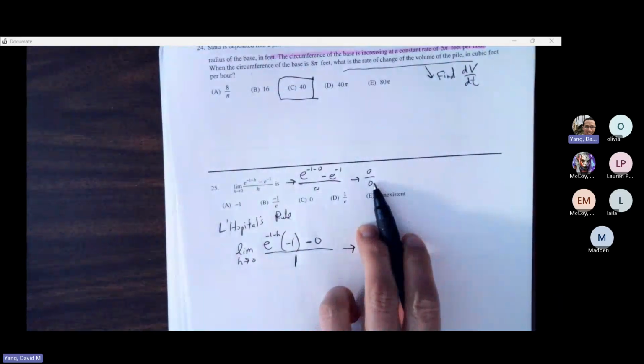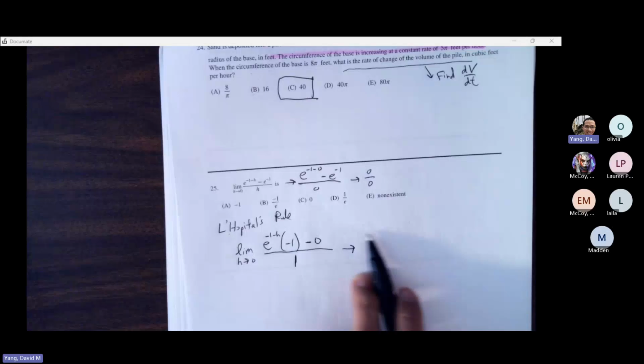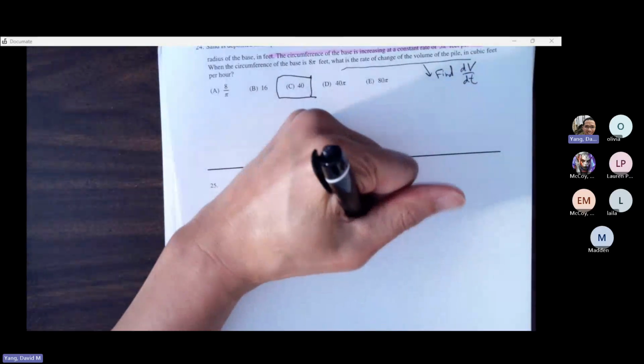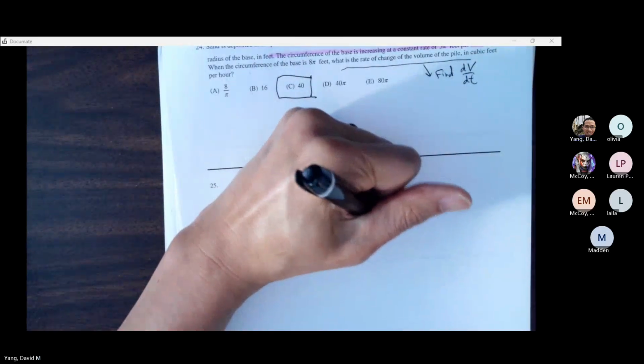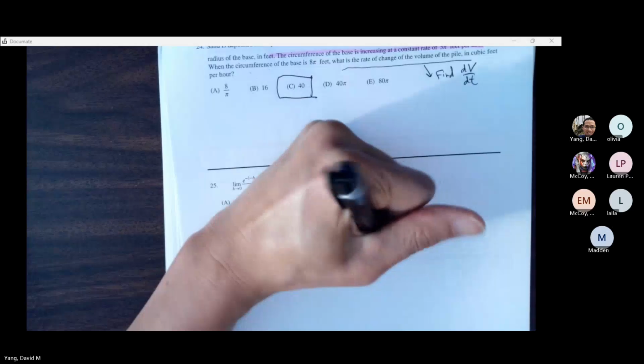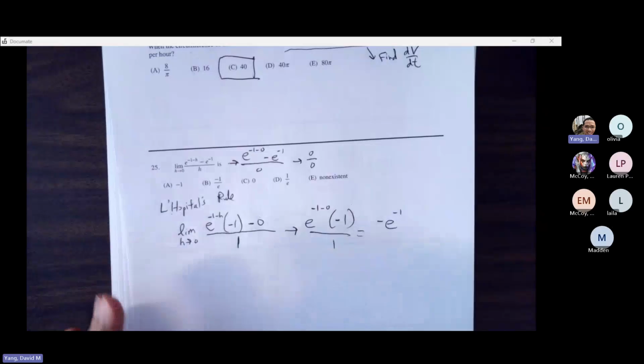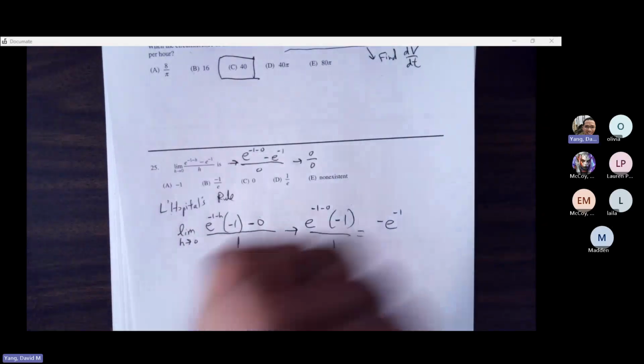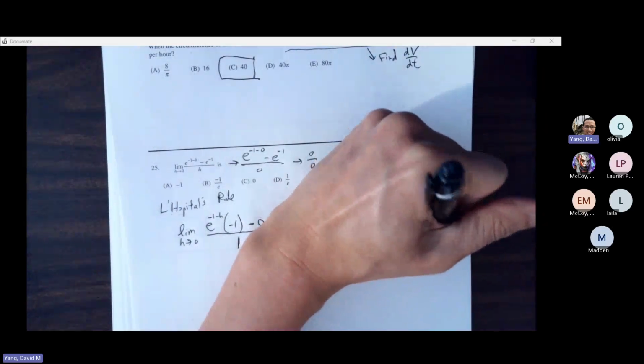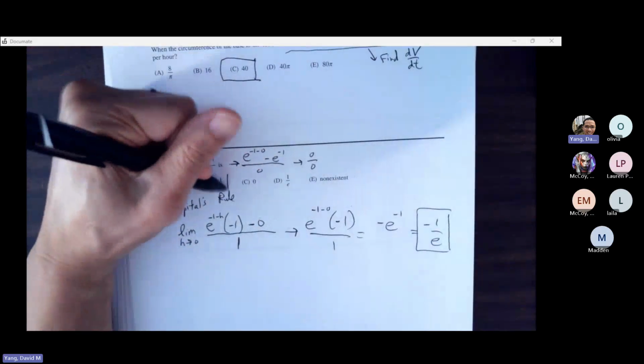Before it was getting a 0 over 0. Now the hope is that this will give us a real number. And we get negative e to the negative 1, which is the same thing as negative 1 over e. And that matches with answer choice B.